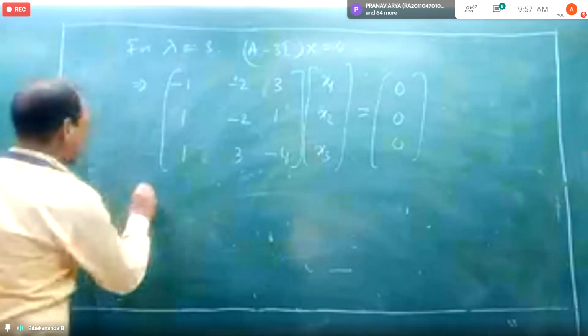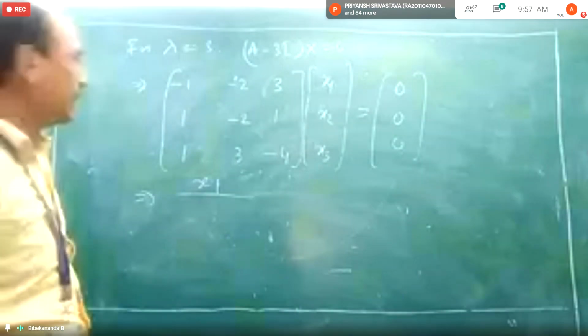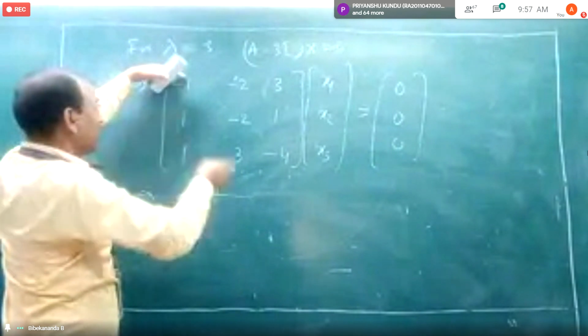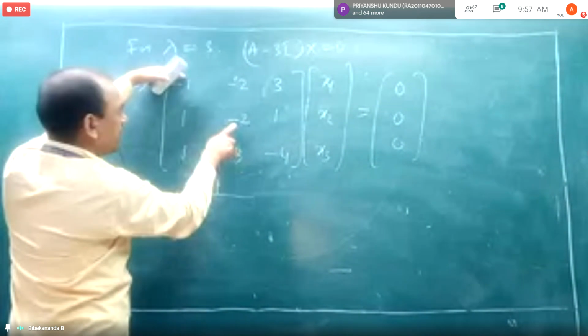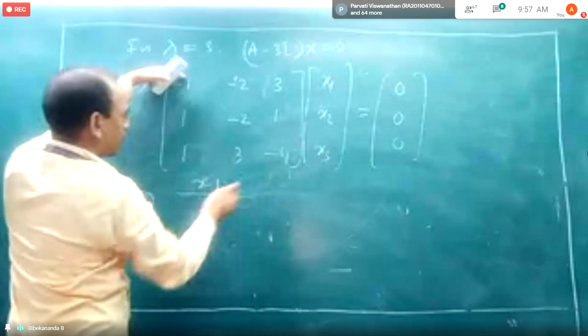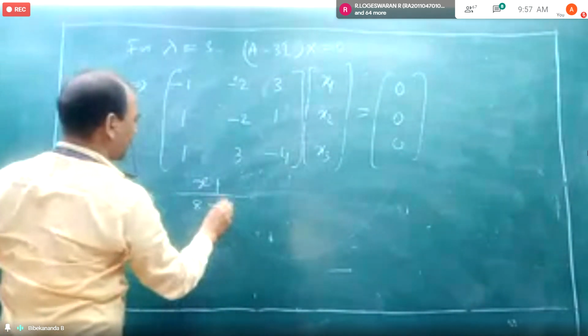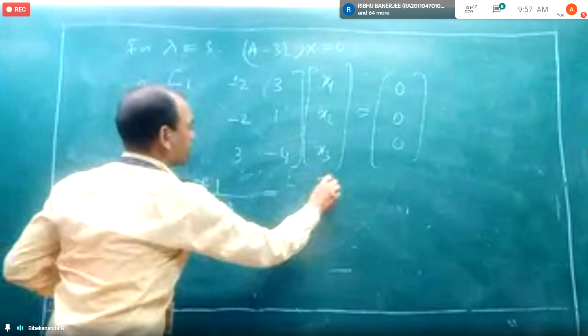So now tell me, what will be your x1 coefficient? X1 means this one. When you are taking the first element, you neglect the first row and first column. So the remaining thing will be minus 2 into minus 4 is 8, and 1 into 3 will be minus 3. Then go to the second, minus x2.